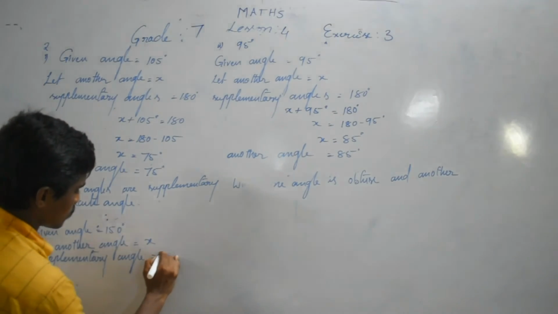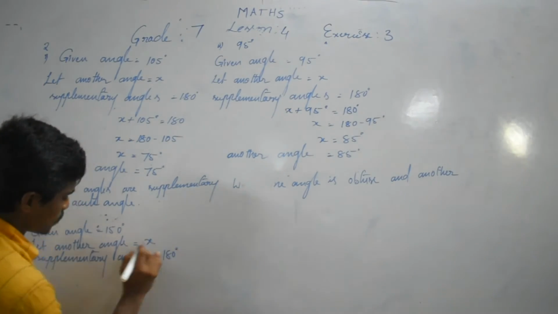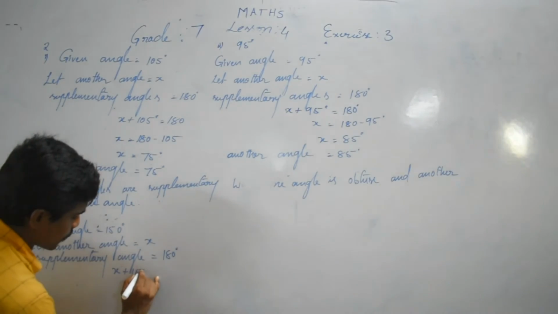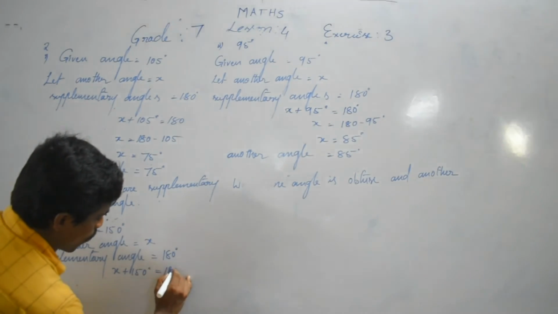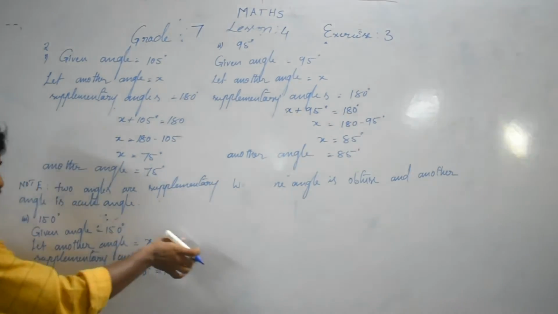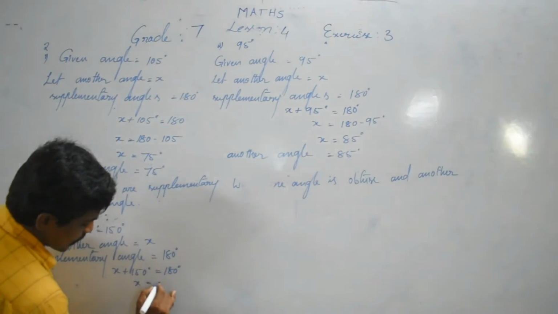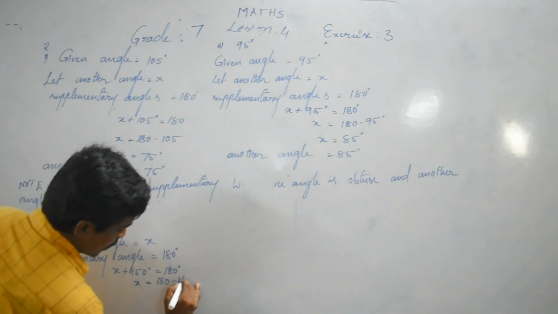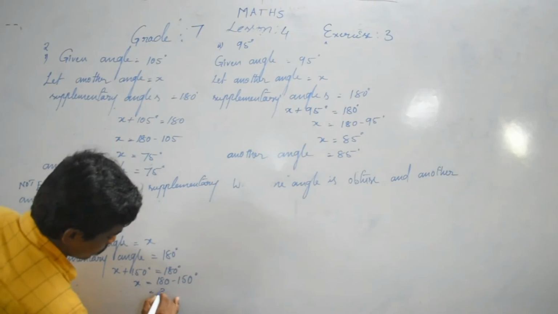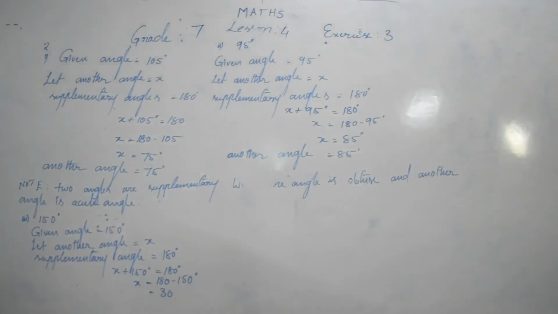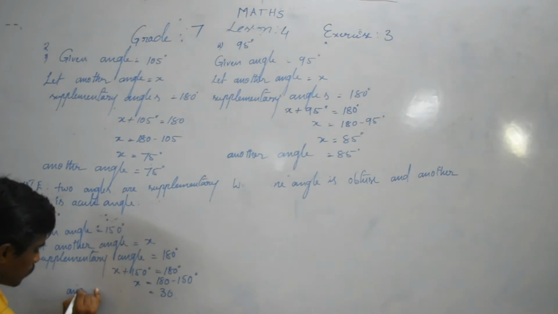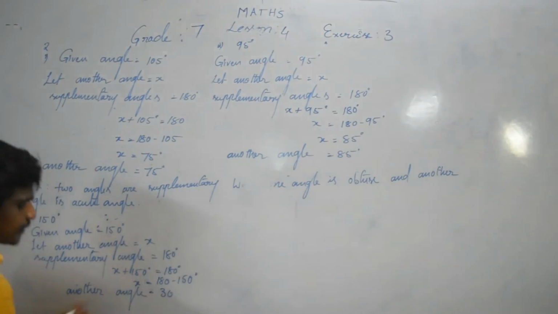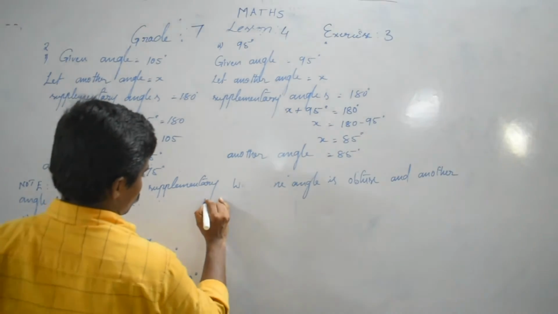Supplementary angles sum to 180 degrees. x plus 150 is equal to 180. So x moving to RHS, x equals 180 minus 150, 30 degrees. The other angle is 30 degrees.